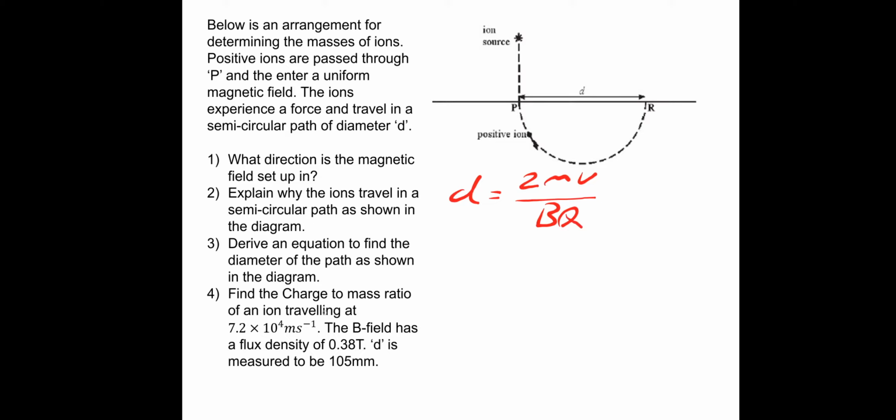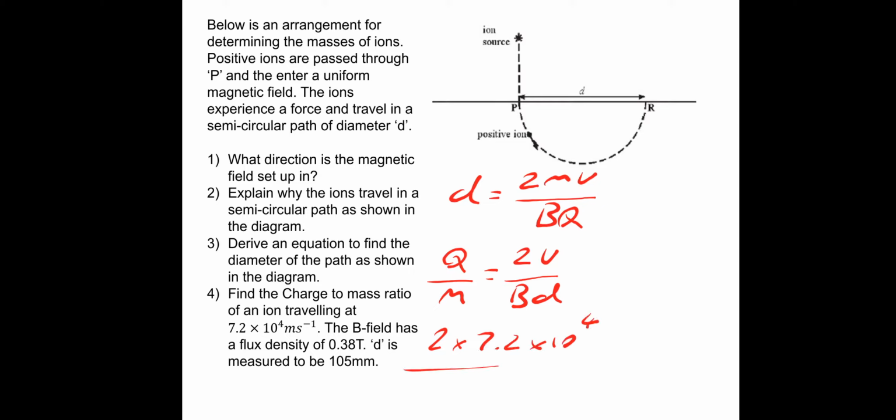So we want the charge to mass ratio, so that means charge divided by mass. So we need to rearrange this to get charge over mass. So charge over mass will be equal to 2v over Bd. Then we just need to put these numbers in. So we've got 2 times v, so that'll be 2 times the velocity, 7.2 times 10 to the power 4, divided by B, which is 0.38, multiplied by the diameter, 105 times 10 to the minus 3.